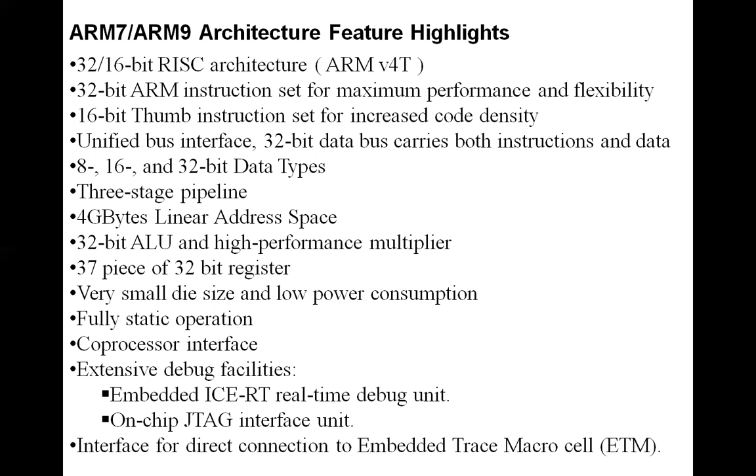This means the programmer can write his data in 32-bit fashion, or in 16-bit fashion, or in 8-bit fashion also. Because of the data path, you are able to differentiate all these data types with the help of the 8-bit, 16-bit, and 32-bit modes.